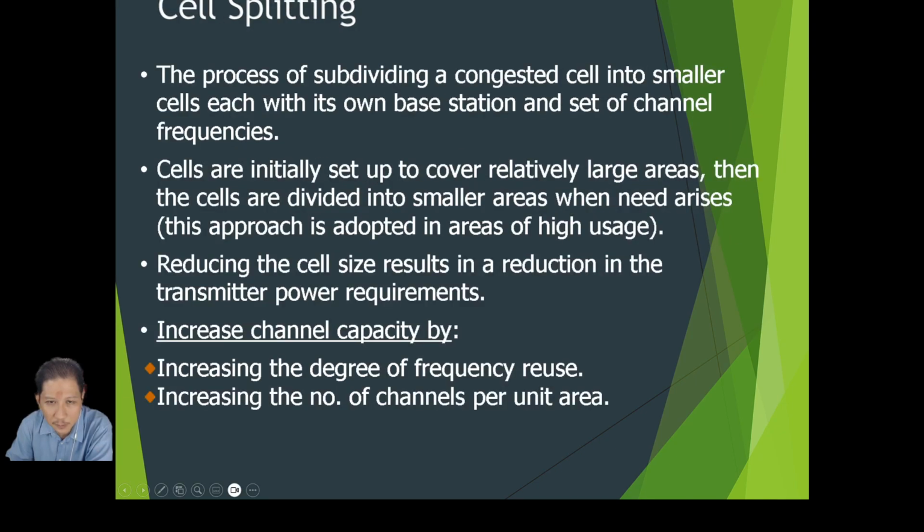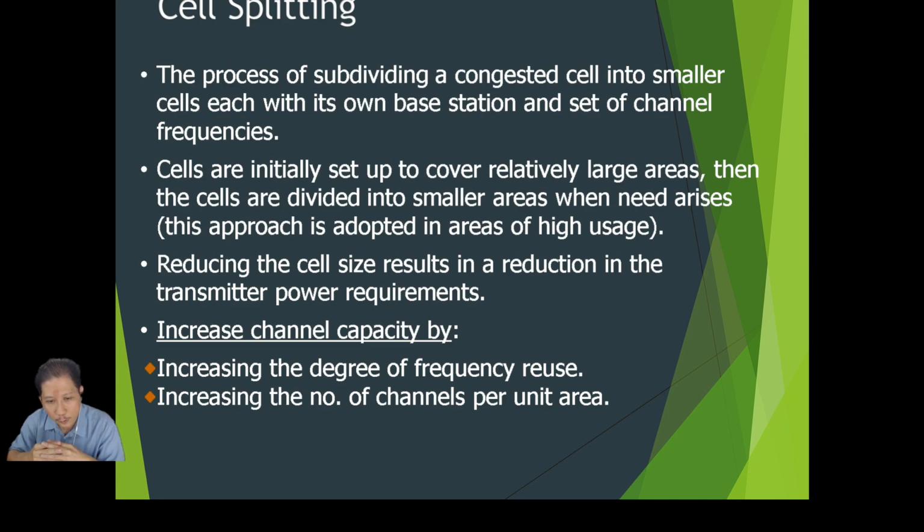Okay, cell splitting is process to subdividing congested cell into smaller cell to its own base station. Okay, this one is the cell to cover up the large area. Okay, cell splitting yang macam kita tengok tadi, dia punya advantage ni, it can cover wide area.